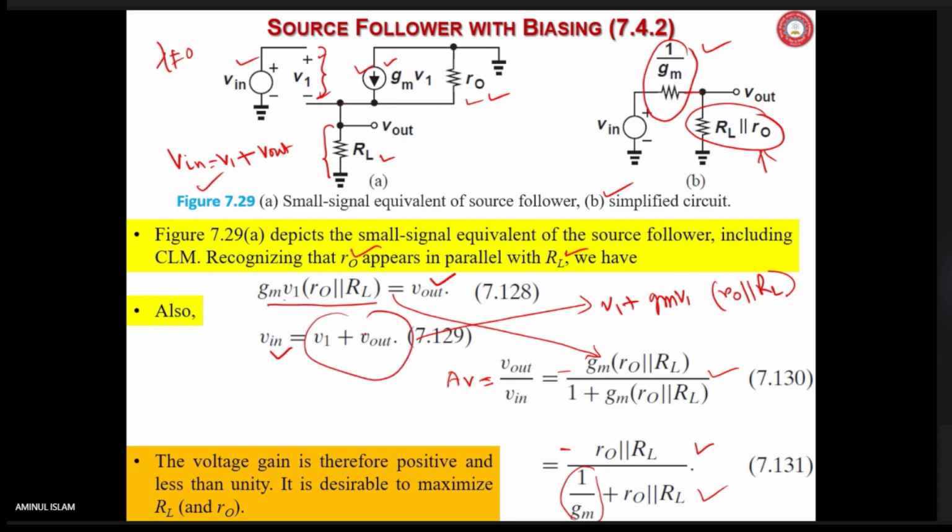The whole thing is nothing but this. So if you take V1 common, 1 plus gm into rO parallel RL. Here also V1 at the denominator, that gets cancelled and you get this and this.